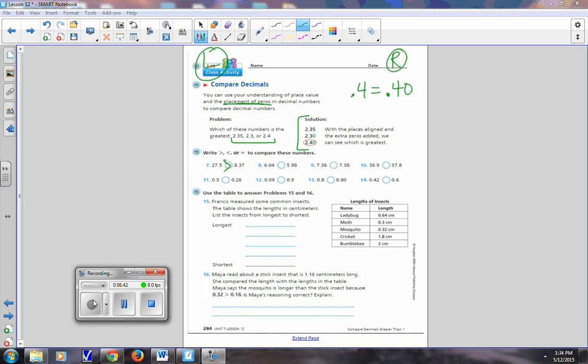But look at number 8, 6 and 4 hundredths or 5 and 98 hundredths? 6 and 4 hundredths. 7 and 36 hundredths or 7 and 38 hundredths? 38. 36 and 9 hundredths or 36 and 9 tenths or 37 and 8 tenths?